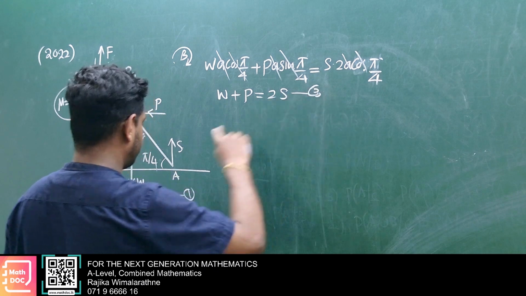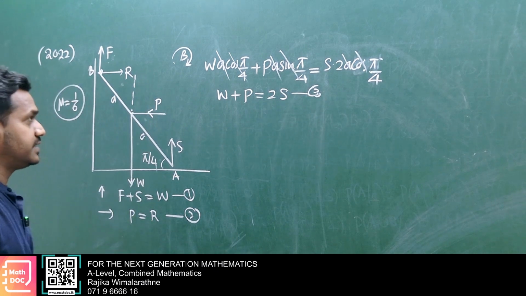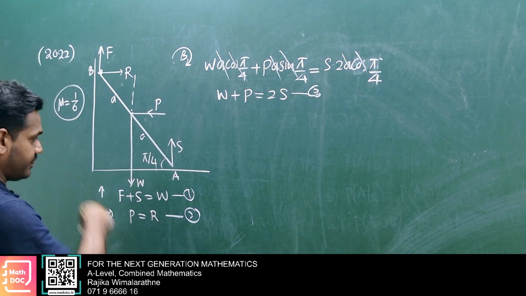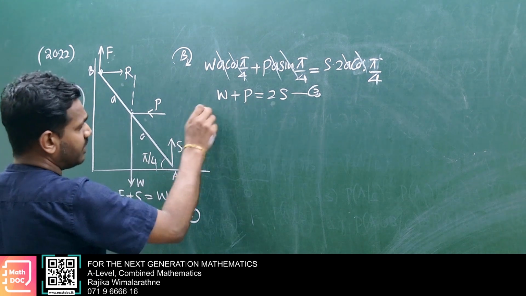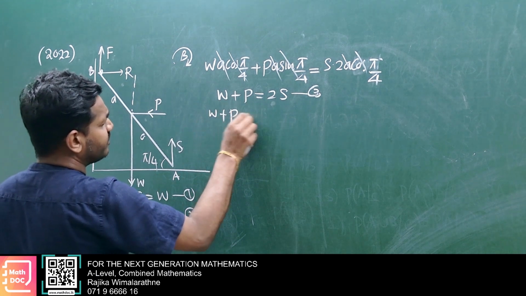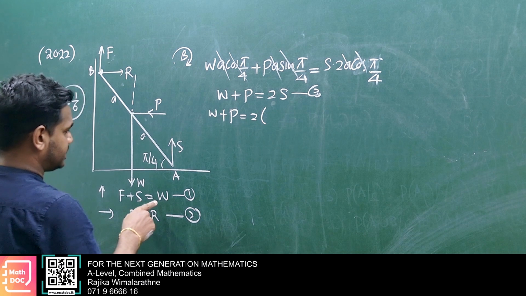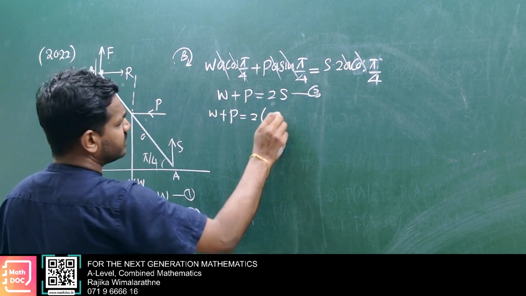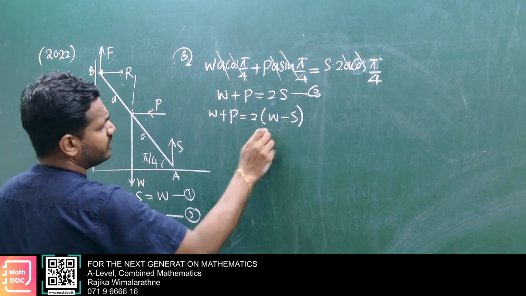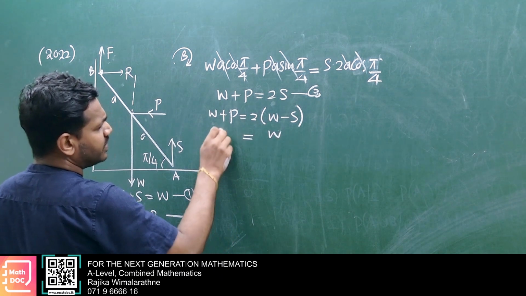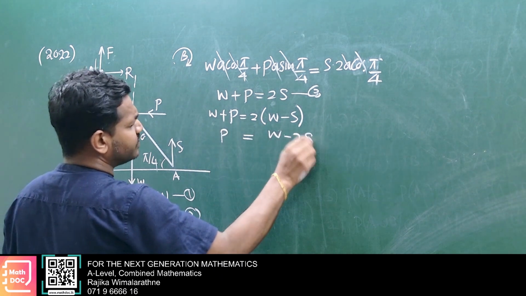Here third relation. Now we have three relations. Okay, now here this S value, put it here. Then W plus P to S. S equal W minus F. Then P equal W minus 2S.